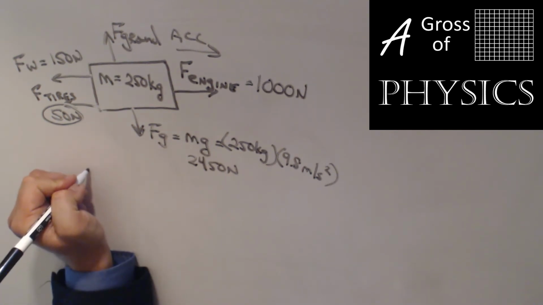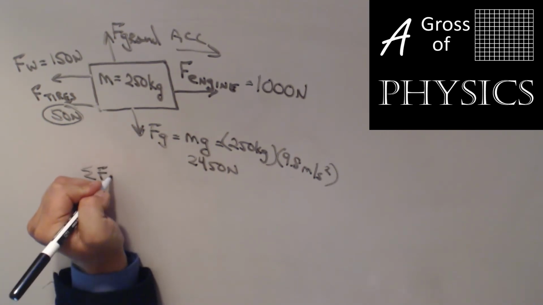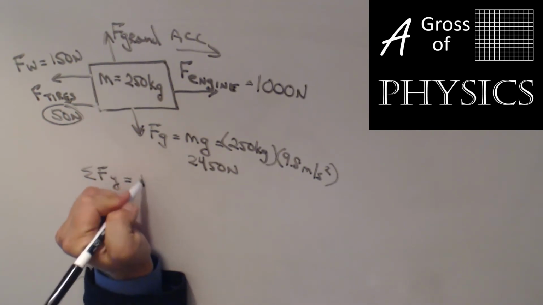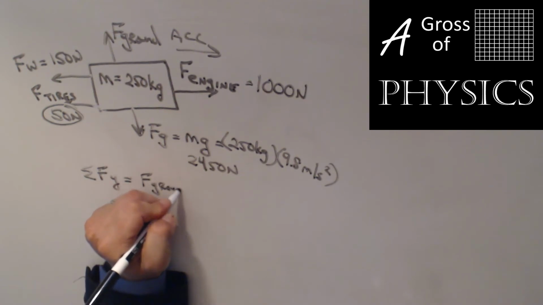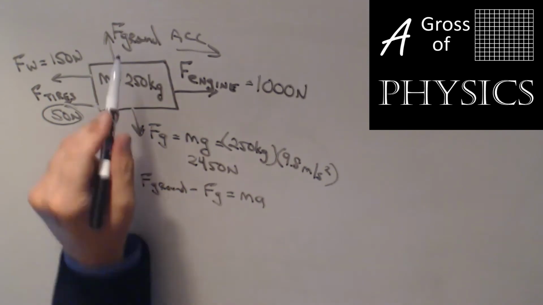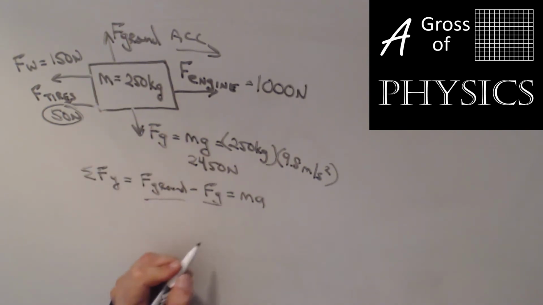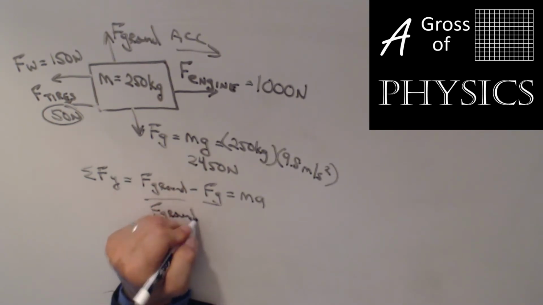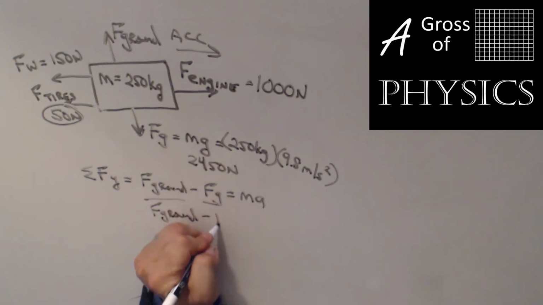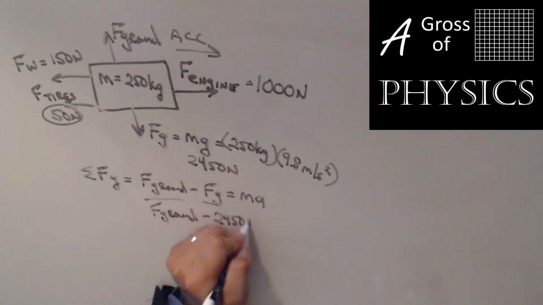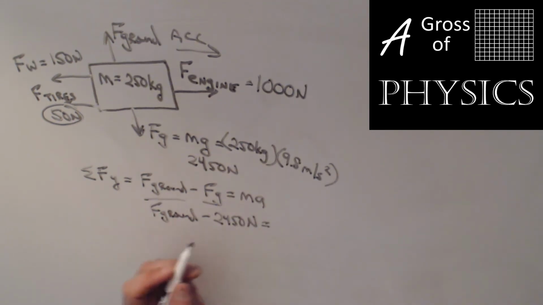So now what I'll do is I'll set up equations. I'm going to start in the y direction because it's one of my unknowns here, and that's going to be F ground, everything going up, minus FG equals MA. Every arrow has a term in the equation, and then you set it equal to MA. So the ground is my unknown, and that is going to equal, well, minus 2450 equals, and what's the actual acceleration up and down?